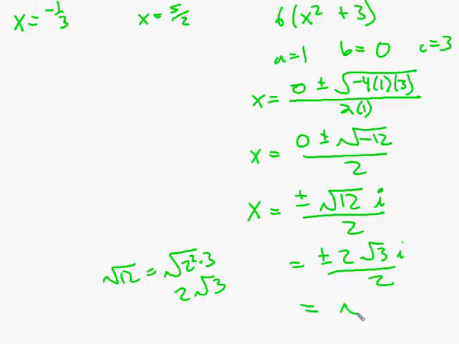And then we get root 3i, plus or minus. So what are my roots? x equals negative 1/3, x equals 5/2, and negative root 3i, and positive root 3i. Whew. Done.